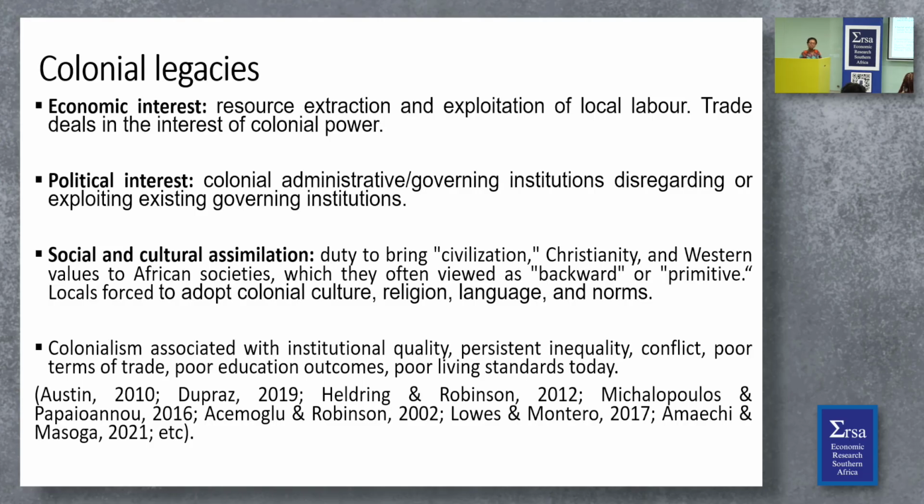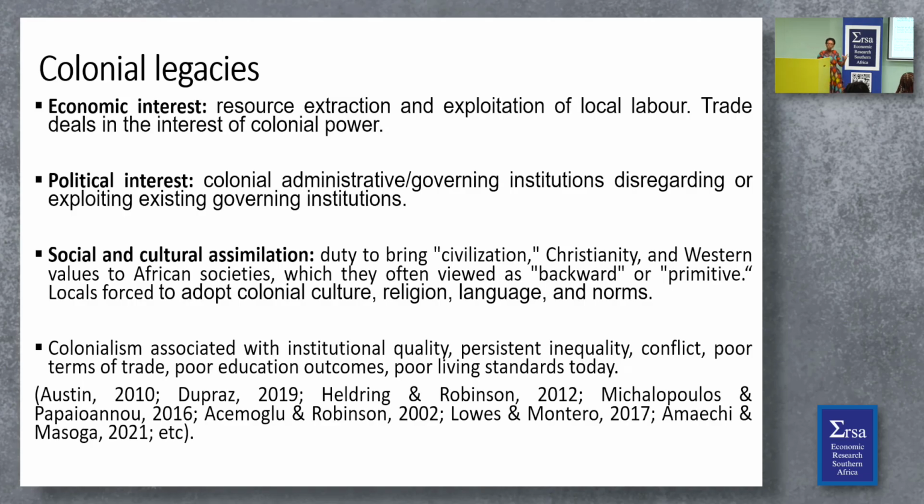And then there was also this aspect of social and cultural assimilation that came with colonialism, right? So for them, they felt it was a duty to bring civilization to Africa. You know, civilization, Christianity with the missionary expansion, and Western values to African societies, which they often viewed as backward or primitive.